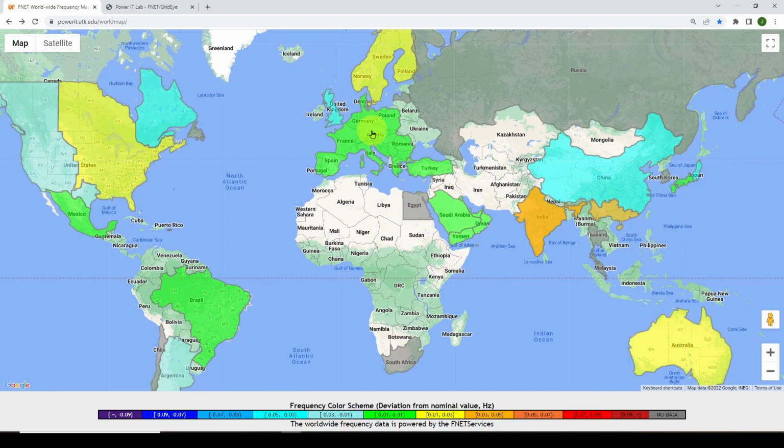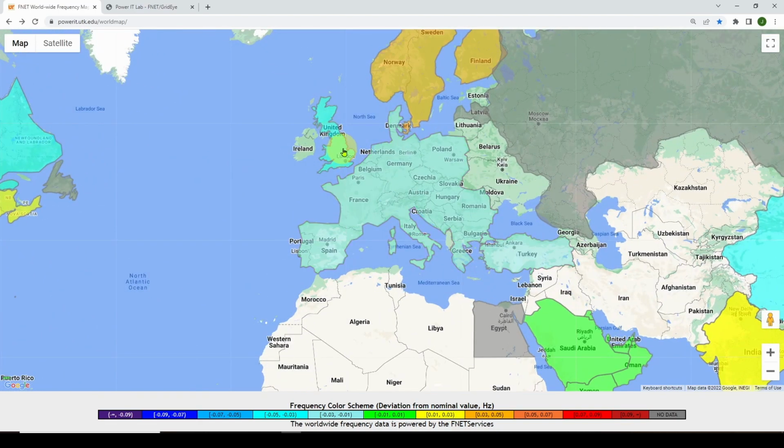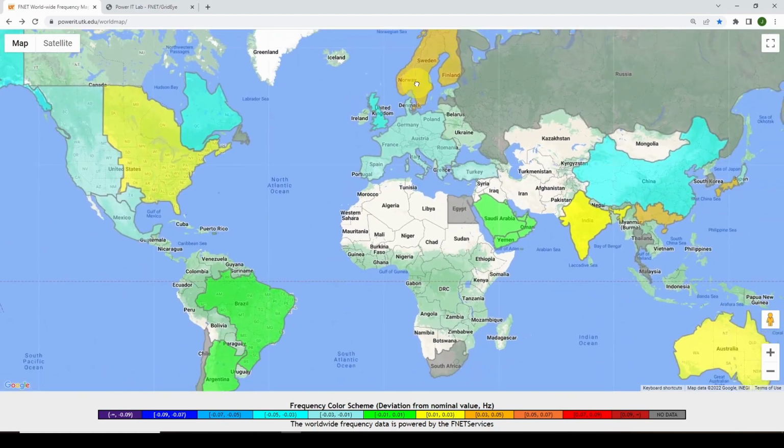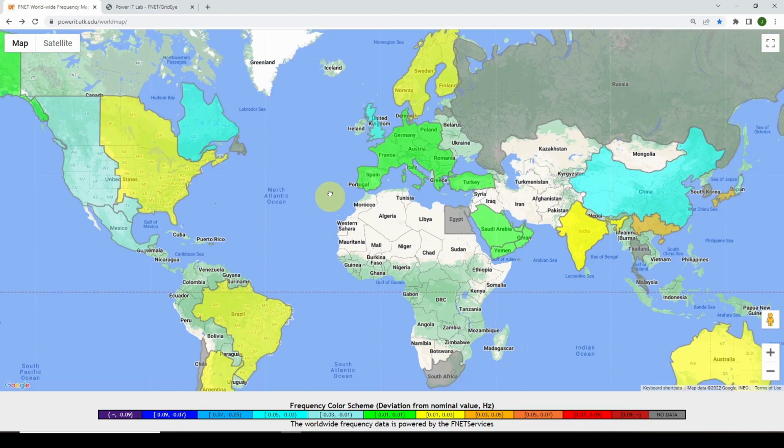China, Saudi Arabia, you can see Europe, Germany, Poland, Romania, France are all one big grid. And at this present time, they're all about normal frequency, which is, I think, 50 hertz there. United Kingdom is a separate grid, and you can see it's a tad low. Norway, Sweden, Finland are a little bit high because they're orange, and now they're coming back.